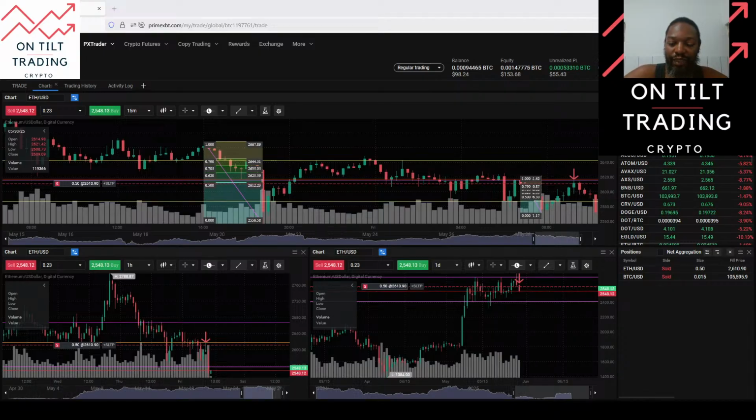So this range is within this range here. I'm basing my target off of this larger range, and have based my entry and stop loss off of this smaller inside range.